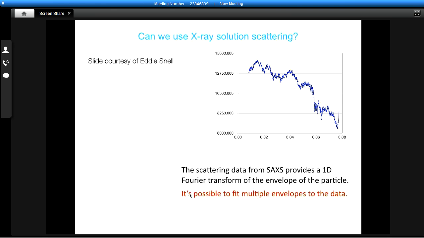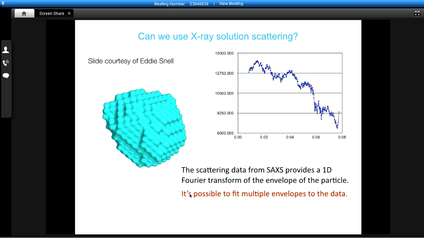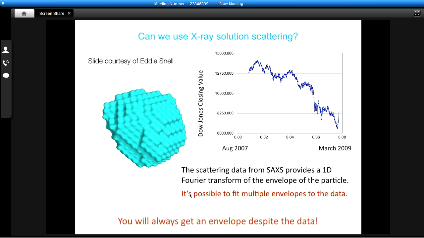Well, in this case, we got this envelope. It's pretty globular, nothing terribly interesting about it. But this is actually from the data on the right. And what's very interesting is that this data is actually Dow Jones closing values from August 2007 to March of 2009 as the 2008 crash was going on.